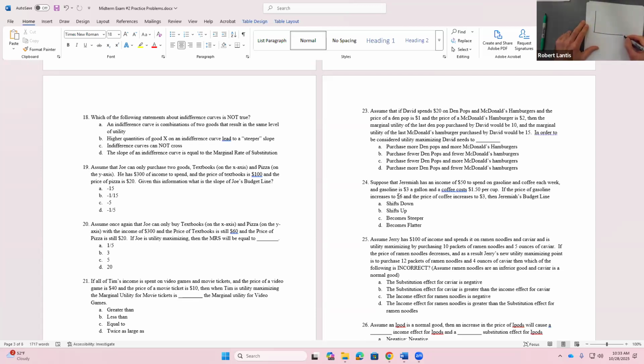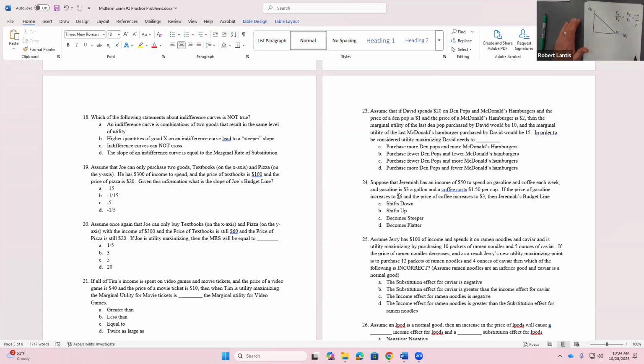If I put textbooks on the x-axis, pizza on my y-axis, what will the slope of my budget constraint always be? It's the price of my X good over the price of my Y good. So here, the price of textbooks over the price of pizza, which here were 120? So I should have 5 here.